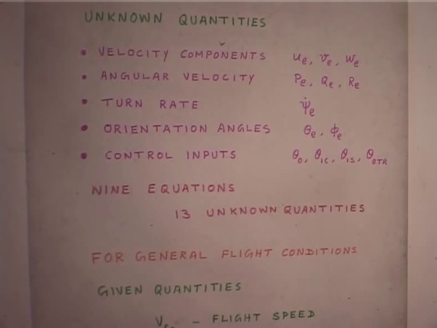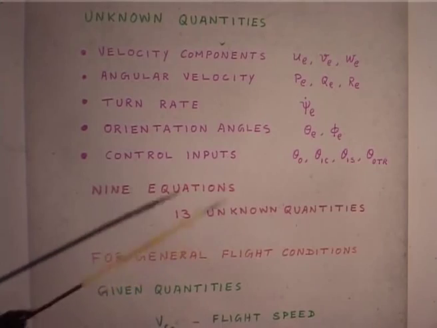So I have 13 quantities which need to be known, but I have 9 equations. Therefore, you have to prescribe 4 quantities before you really can solve the problem. Now, what are those 4 quantities you will specify?